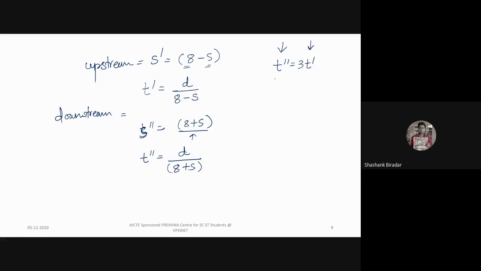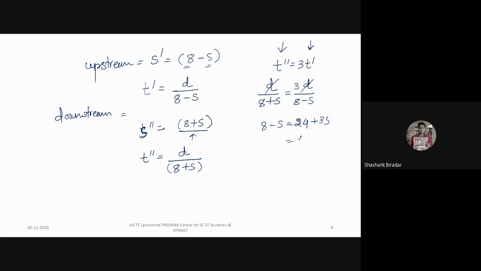So put these values: D upon 8 plus S equals 3D upon 8 minus S. Okay, so this D gets cancelled, and this is 8 minus S equals 24 plus 3S.